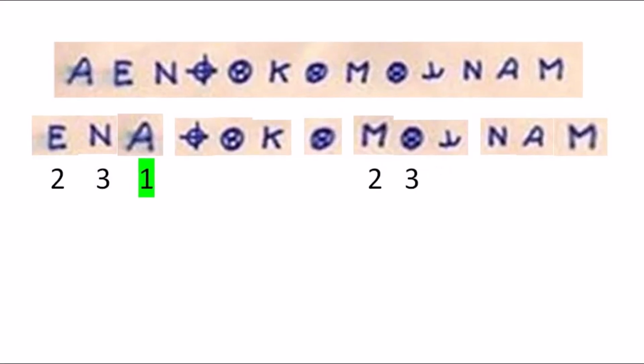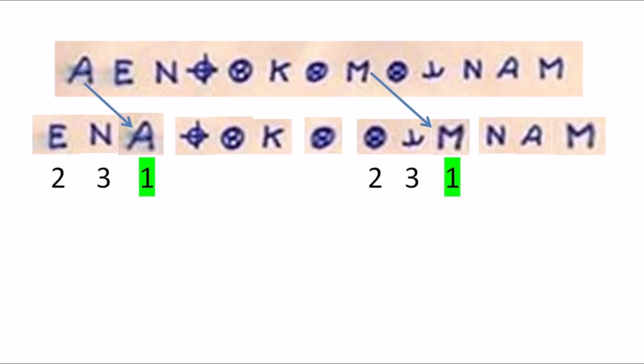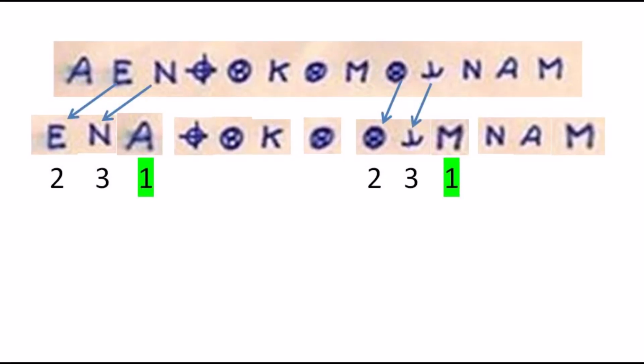On the other side of the separator, the character 7, the same has to be done. The first goes to the 3rd, the 2nd to the 1st, and the 3rd to the 2nd place. This means that on both groups, the characters have switched for 1 position. This was the first step.